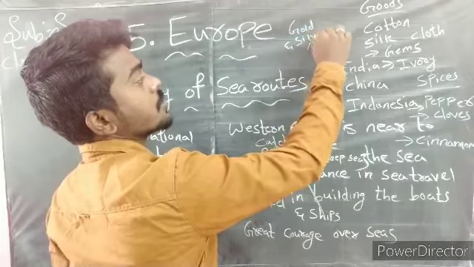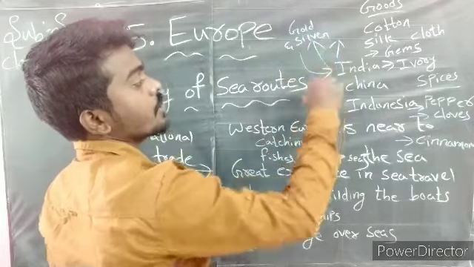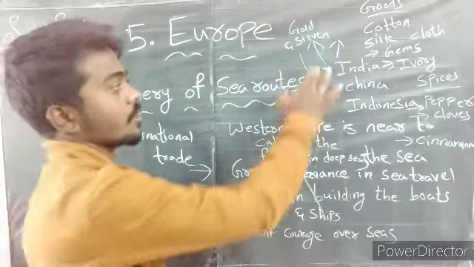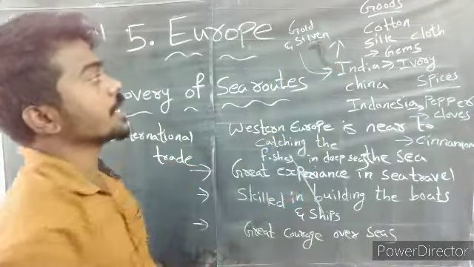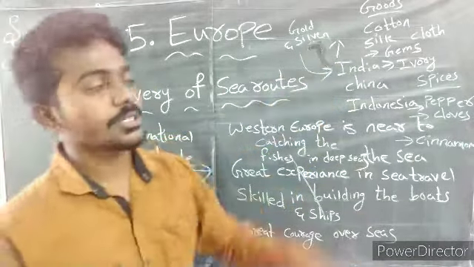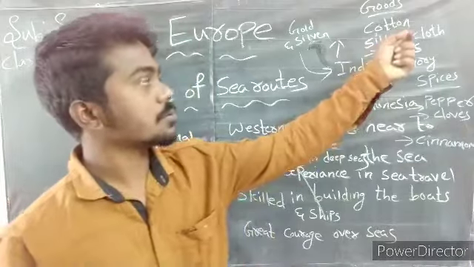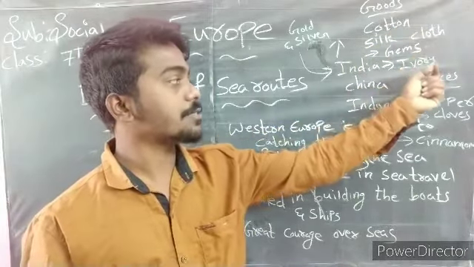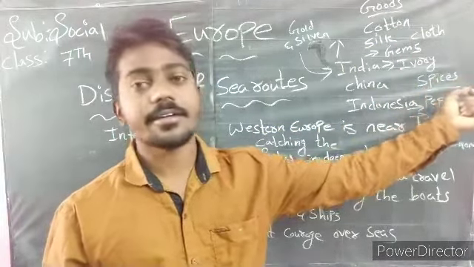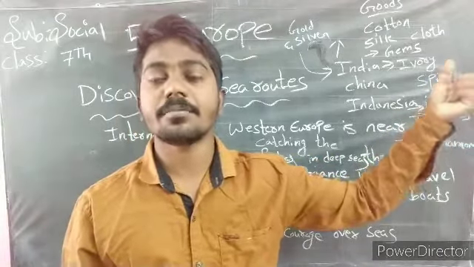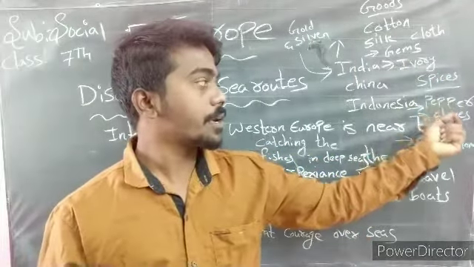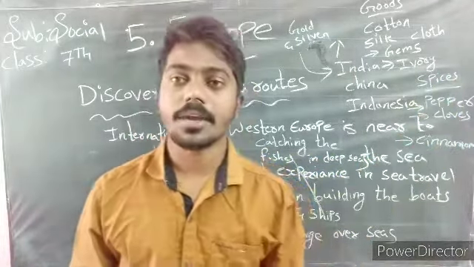They took cotton, silk cloth, gems, ivory, and especially spices. Indian spices have a great demand all over the world: pepper, cloves, and cinnamon.